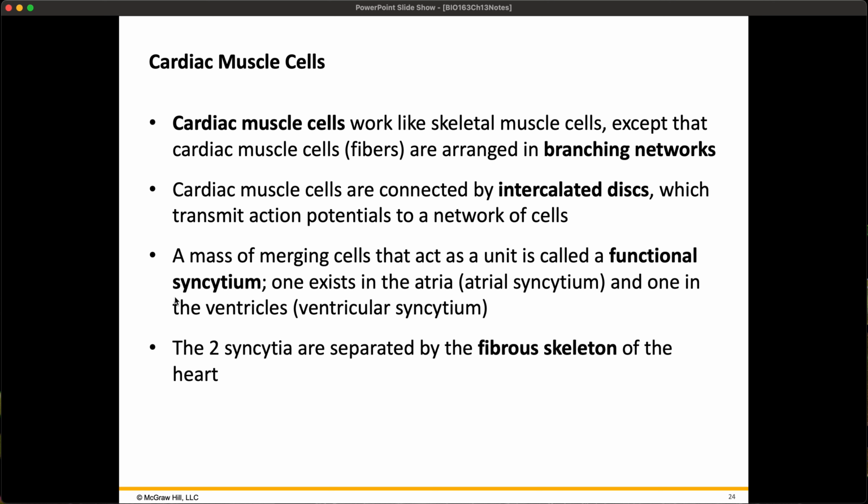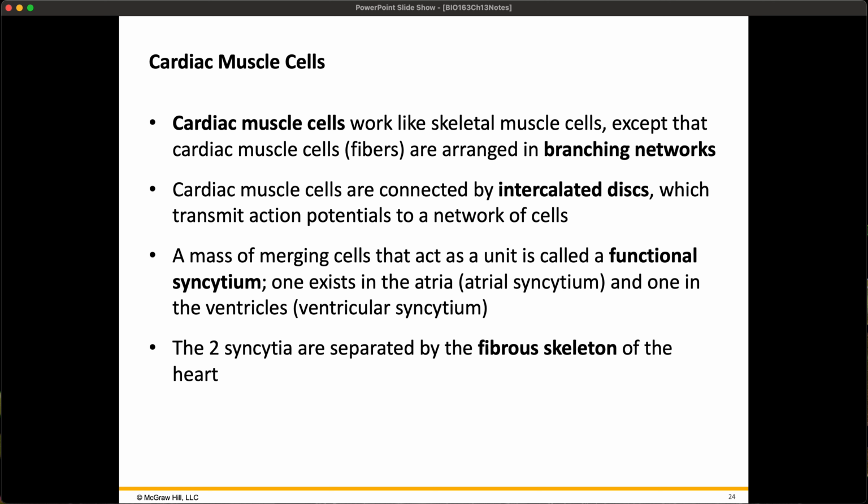And this is one of my favorite words, syncytium. There's so many great ways to know about something being syncytial, right? When we say something is in syncytium, it means that you have multiple parts acting as one unit.